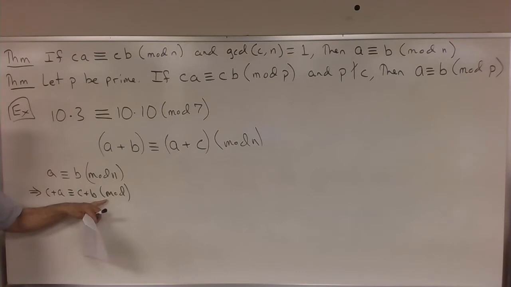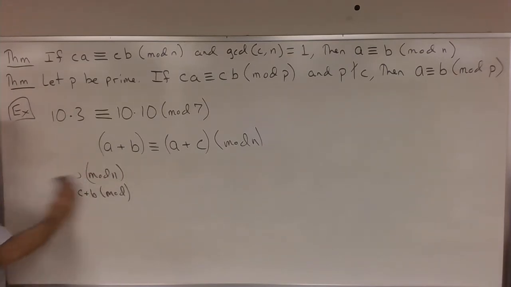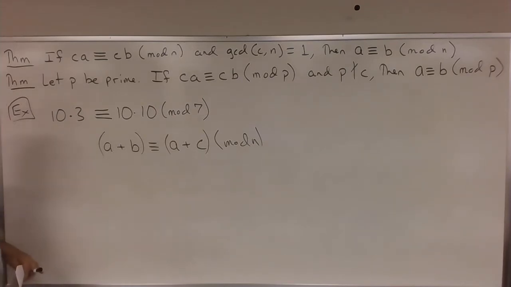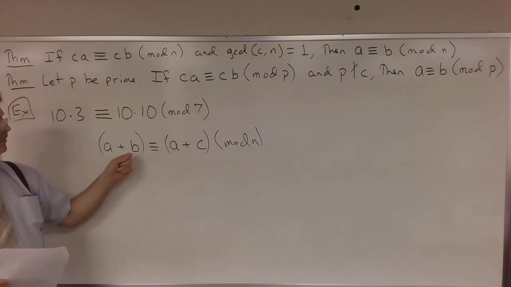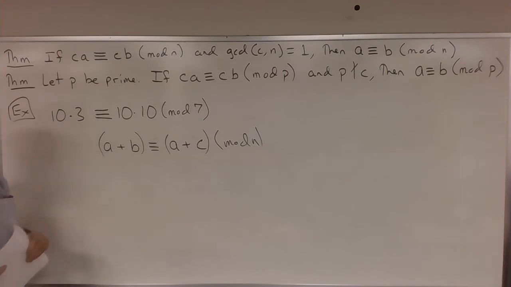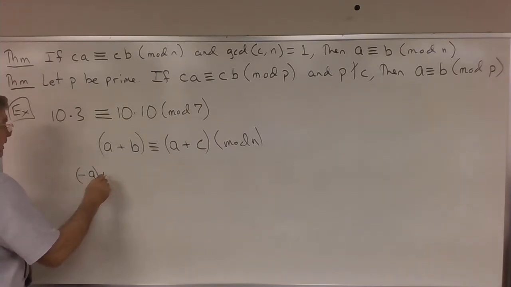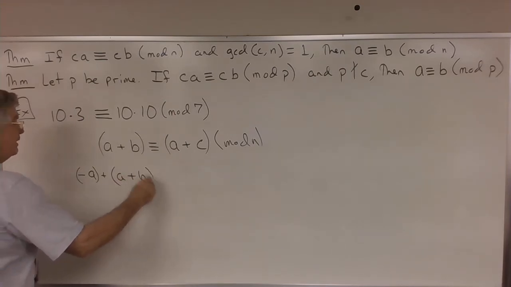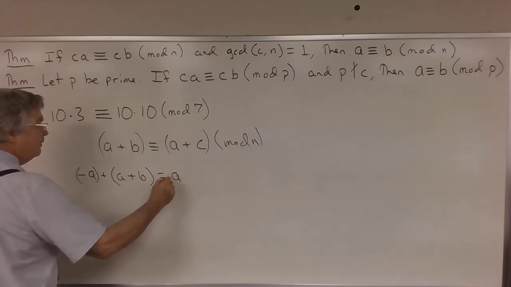So can we use this idea to show that if A plus B is congruent to A plus C, then B must be congruent to C? Well, by the property that we just listed, take negative A and add it to A plus B, and add negative A to the other side too.